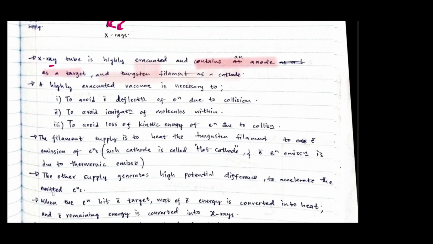That is to avoid deflection of electrons due to collision. We also want to avoid any ionization of molecules, which will use energy. But we need a lot of energy, because only when there is high energy can a larger amount of X-rays be released. So we avoid the loss of kinetic energy of the electron due to collision.